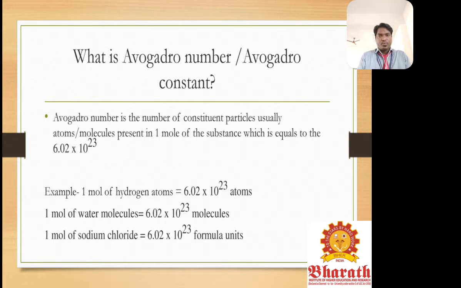Example: 1 mole of hydrogen atoms is equal to 6.02 times 10 power 23 atoms. 1 mole of water molecules is 6.02 times 10 power 23 molecules. 1 mole of sodium chloride is equal to 6.02 times 10 power 23 formula units.